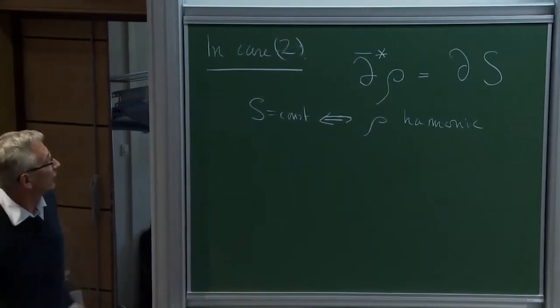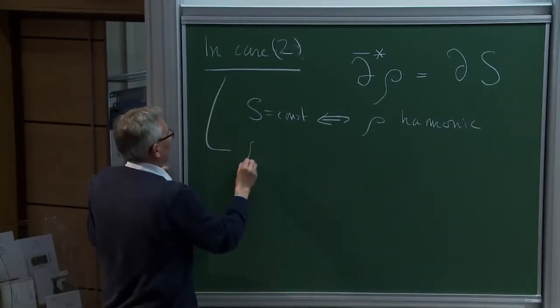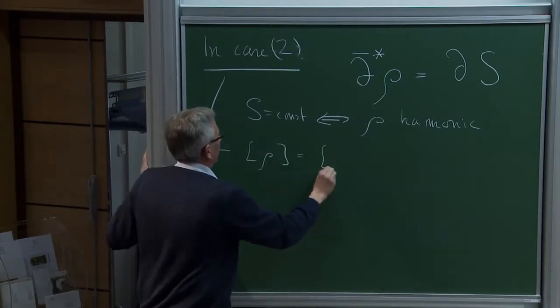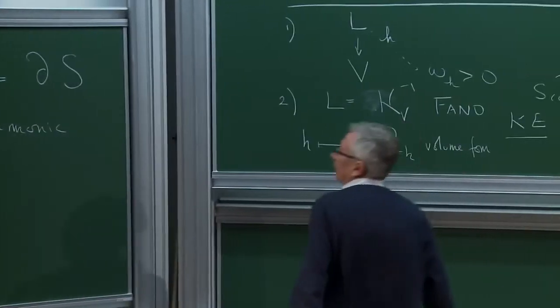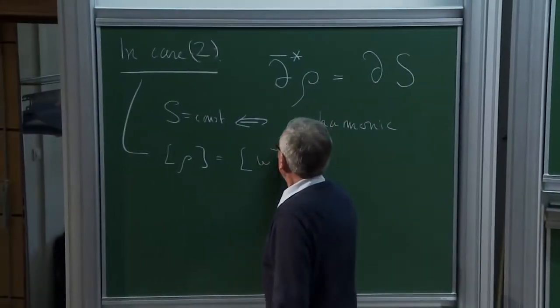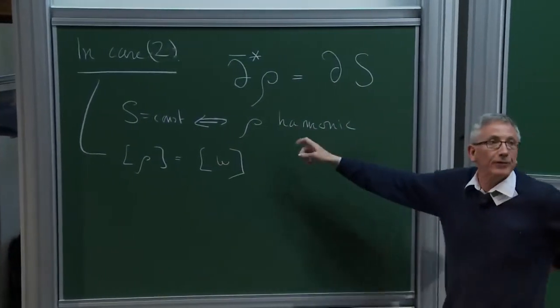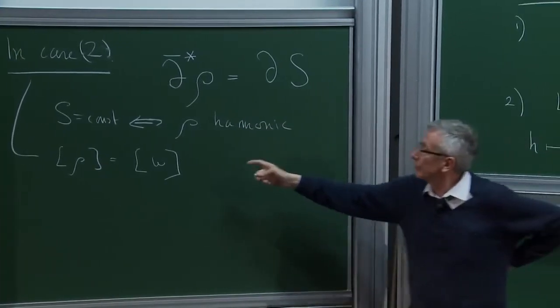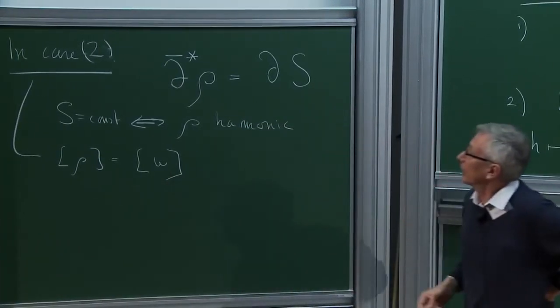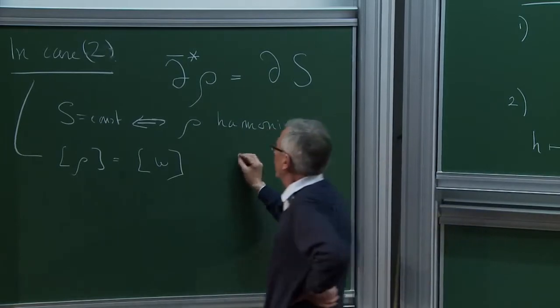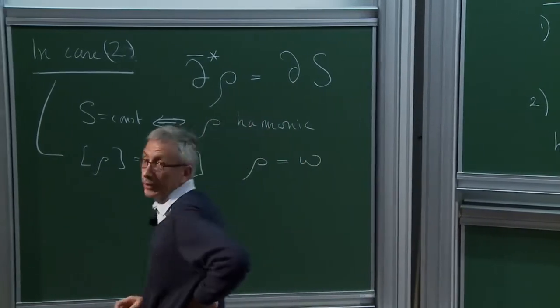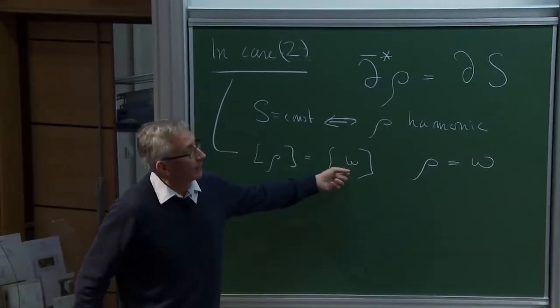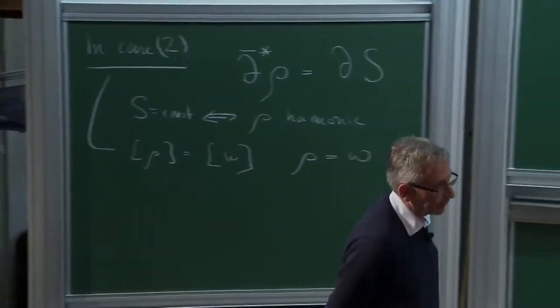The point about case 2 is that in case 2, the cohomology class of rho, which represents the first Chern class of the manifold, is equal to the cohomology class of omega. So by uniqueness of harmonic forms, since the metric form is always harmonic, we can deduce that rho is equal to omega, once we know the harmonic form in the class of the Kähler metric itself.